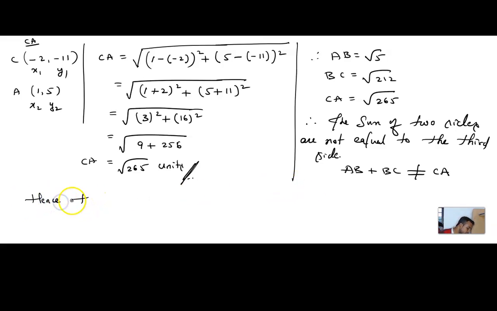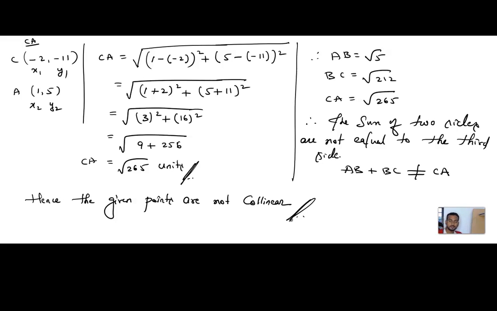Hence the given points are not collinear. They are not going to form a line, which means they do not lie on the same line. They are forming different lines. Is this clear? They are not collinear.